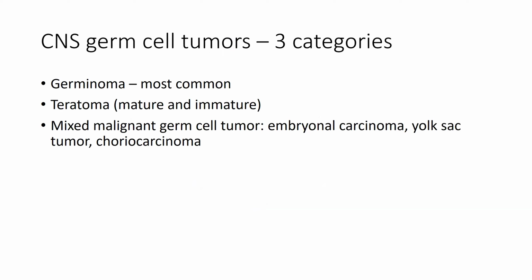Germinomas are the most common by far, pure germinomas, followed by teratomas, which fall into mature and immature categories. And then we always are screening for the possibility of a mixed malignant germ cell tumor with components of embryonal, yolk sac or choriocarcinoma that are often mixed with teratoma, most commonly.